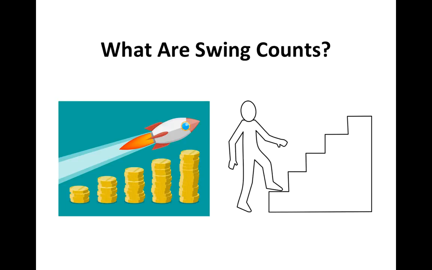Now, swing counts are one of the most classic and popular techniques that is used by professional traders, retail traders. Actually, almost every trader uses this basic technique because it is so easy to use and it's also a very objective way that you can identify whether the market is in an uptrend, sideways trend, or a downtrend.